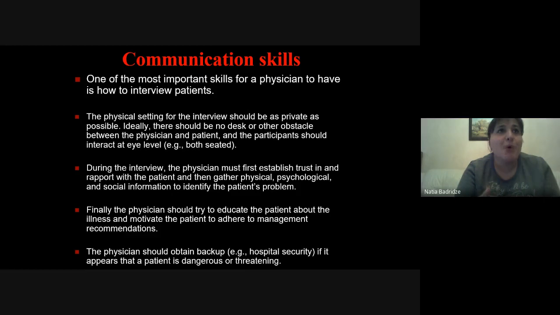Well, what is important for doctors? What type of communication skills is important to establish a good relationship with the patient? First of all, the physical setting for the interview should be as private as possible. Ideally, there shouldn't be any obstacles between the doctor and the patient, and communication should be at eye level.